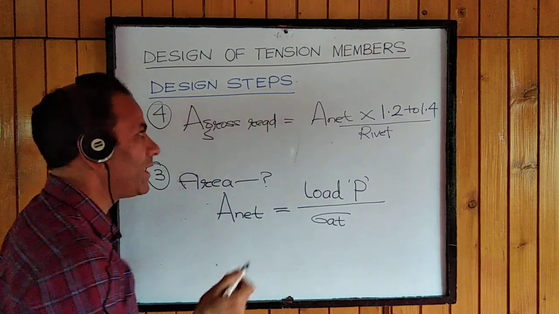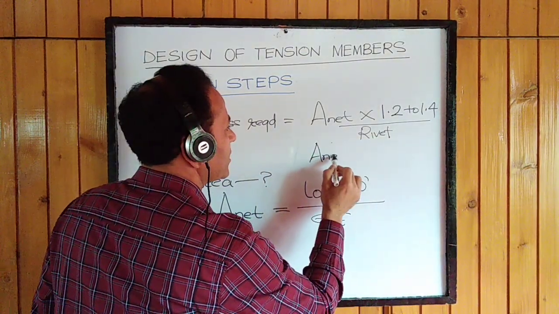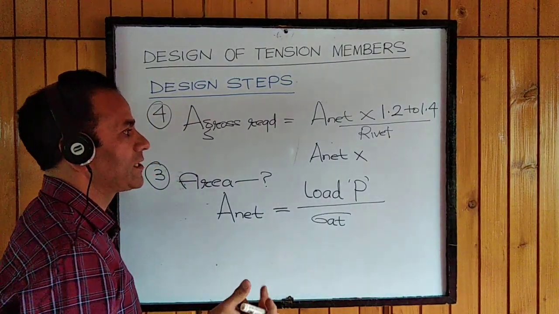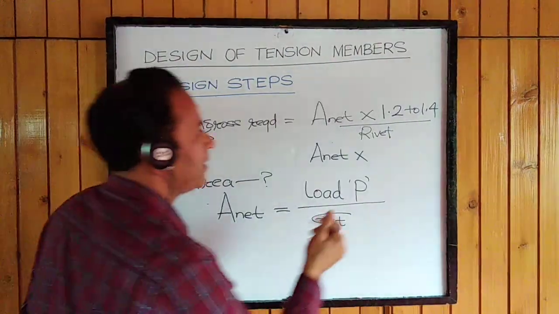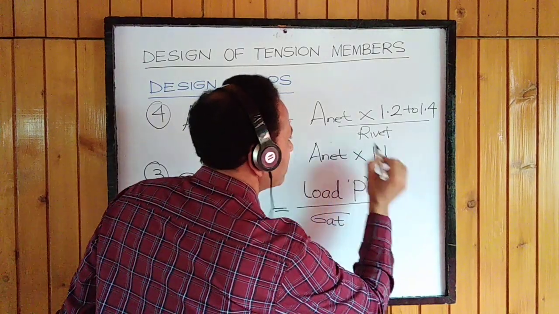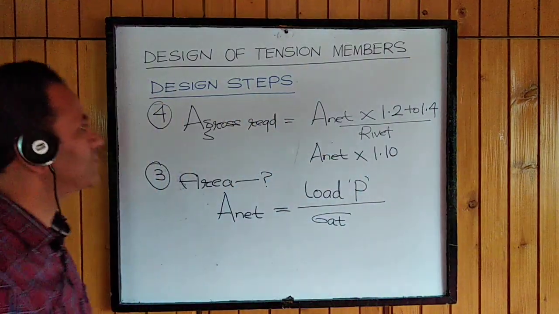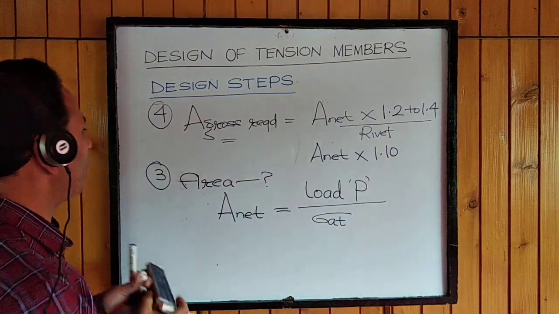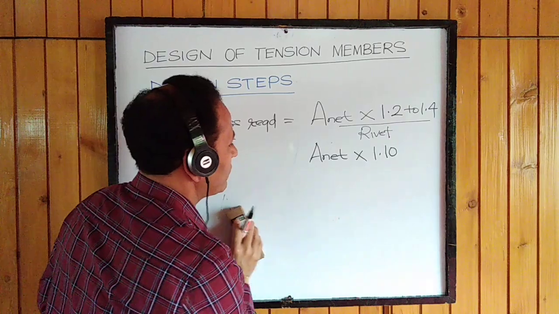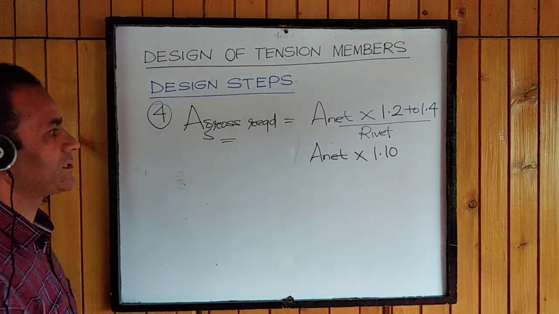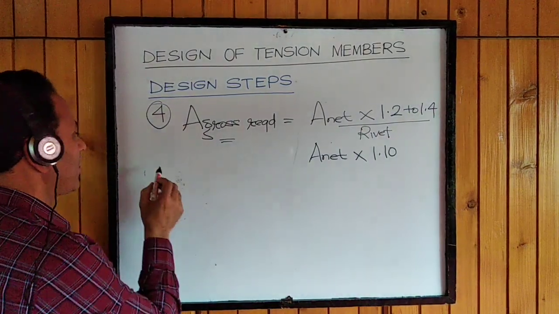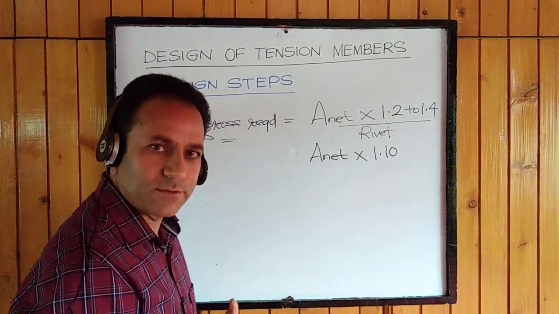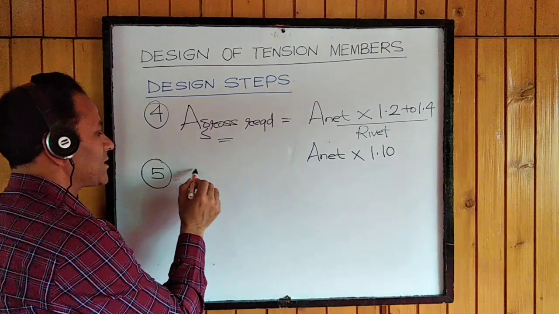If we provide welded connection, then there is not going to be reduction in the area due to holes. There are going to be no holes drilled, so we increase it by 10% only. This will give us a gross area required tentatively, so that we get going, we select a section and then further investigate the safety of that particular section. So once we get the gross area known to us, we go to the steel table.